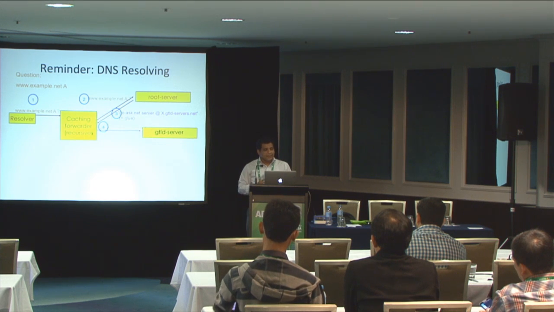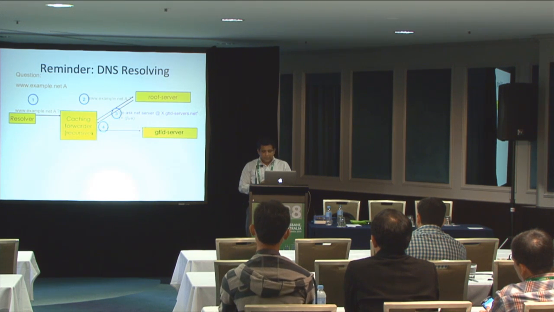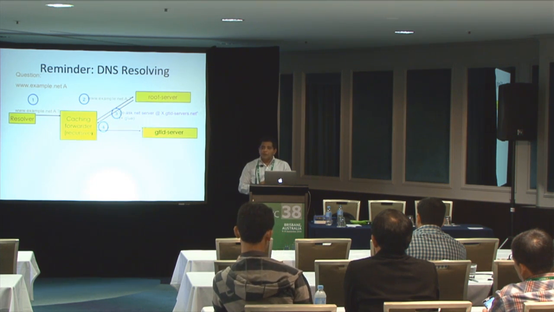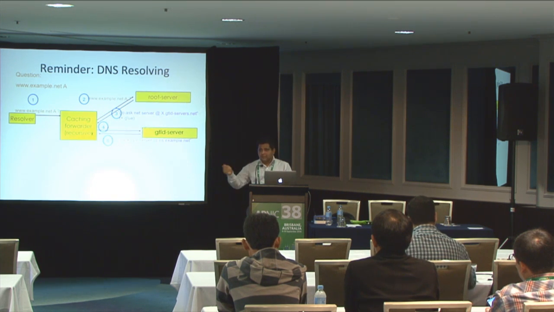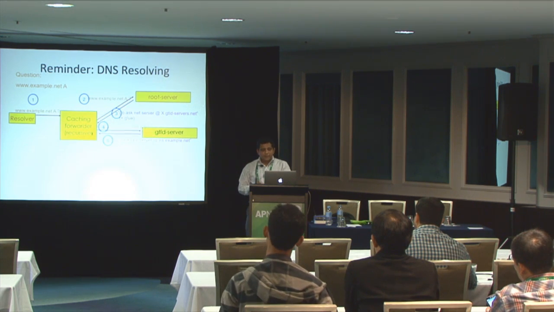All these are delegations coming out of .NET. Because we are asking for example.net, it can give a referral to the example.net name servers, and that goes to the recursive server. So the recursive server knows where to contact to find the answer about example.net.